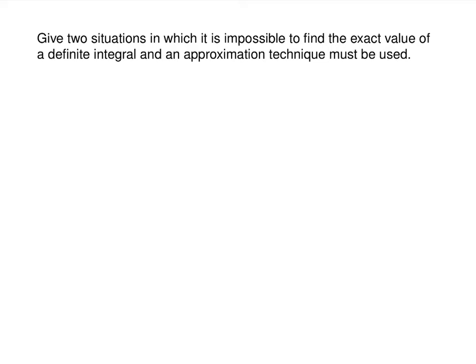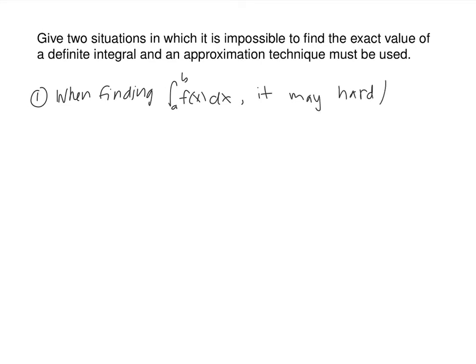So the first thing is that when finding the integral from a to b of f of x dx, assuming that your function is continuous on a to b, it may be hard, or in some cases even not possible, to find an antiderivative of f.